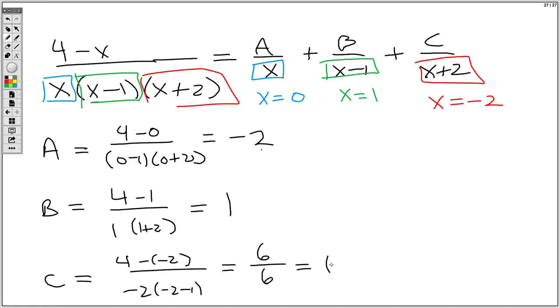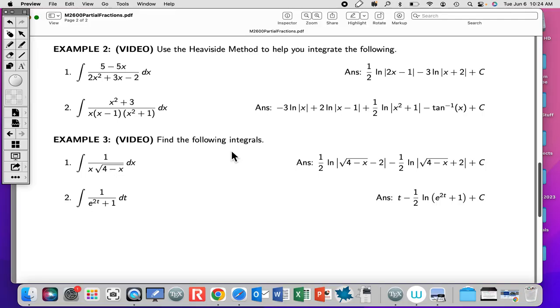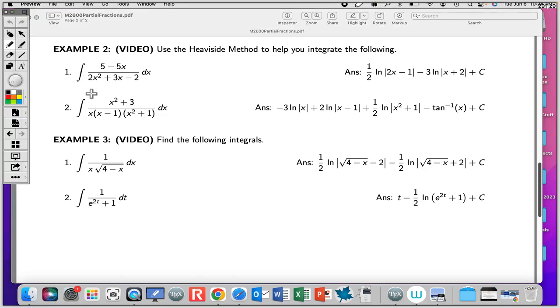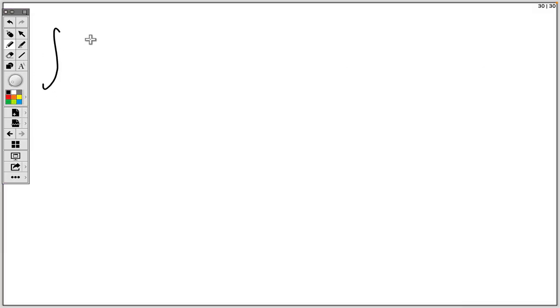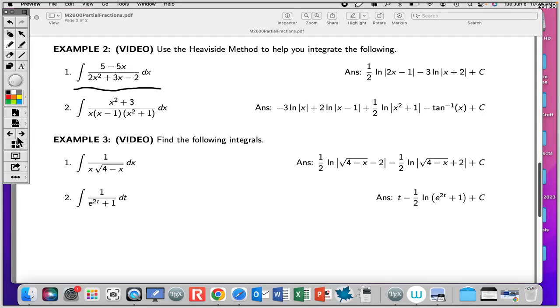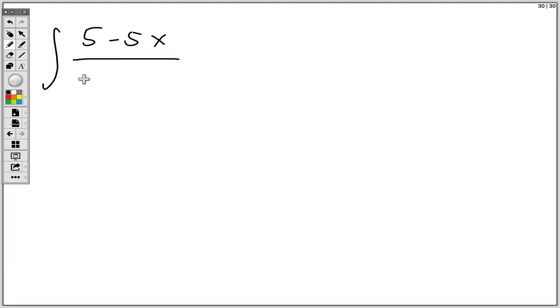Okay. Here, we're asked to use the Heaviside method to help integrate the following. So we had a little intro to the Heaviside method. It works for distinct linear factors. Let's take a look at this first integral here. We've got the integral of 5 minus 5x divided by 2x squared plus 3x minus 2 dx.